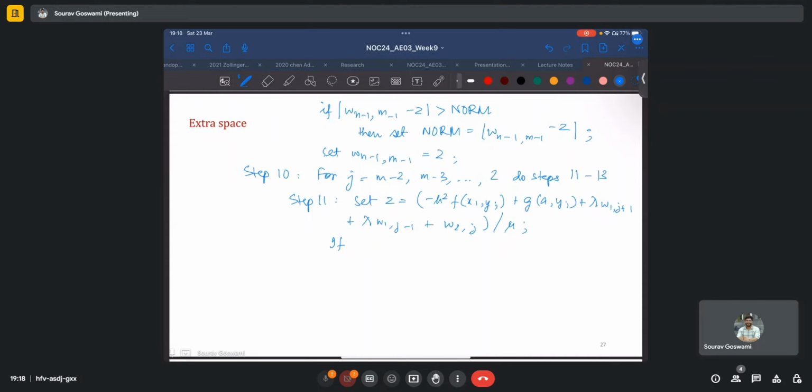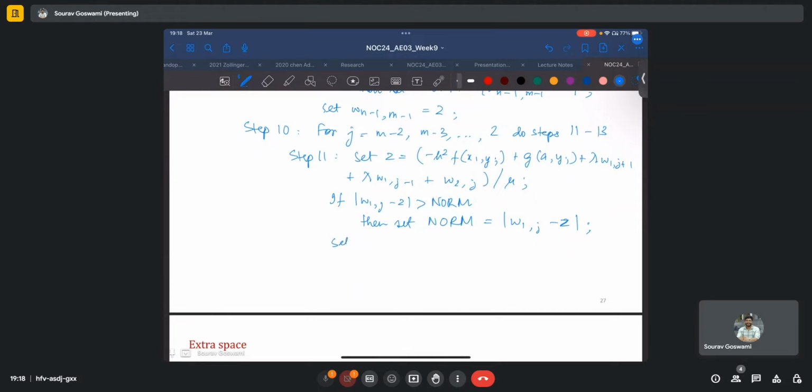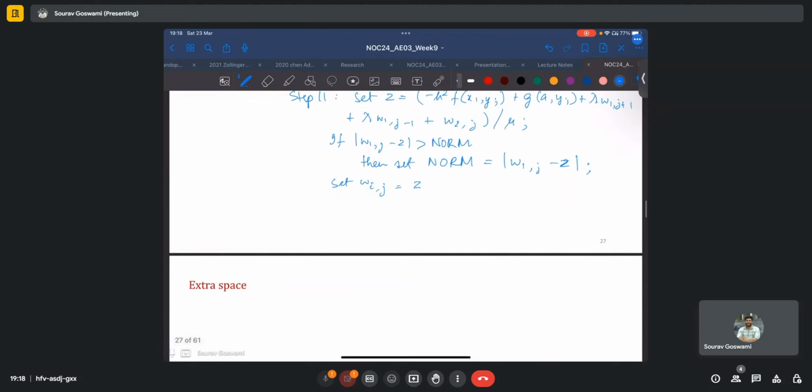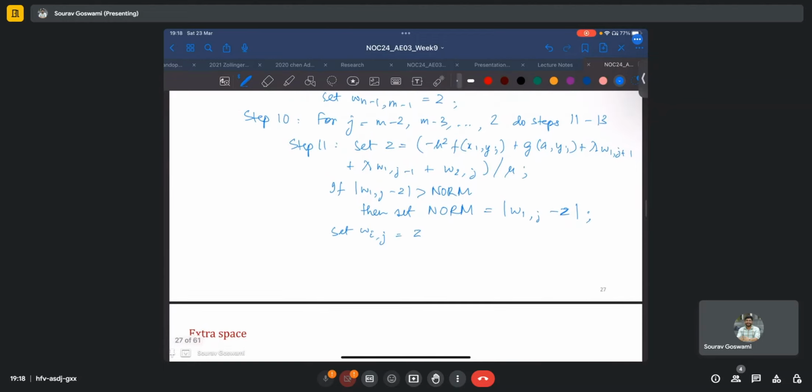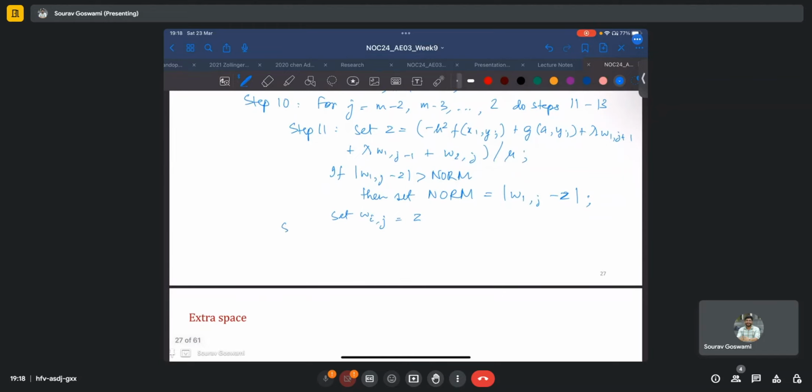So if w1 comma j minus z is greater than norm, then set the norm equal to w1 comma j minus z and update the value of w1 comma j. This is repeated a few more times.